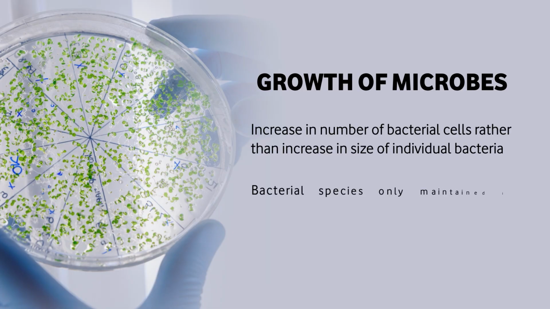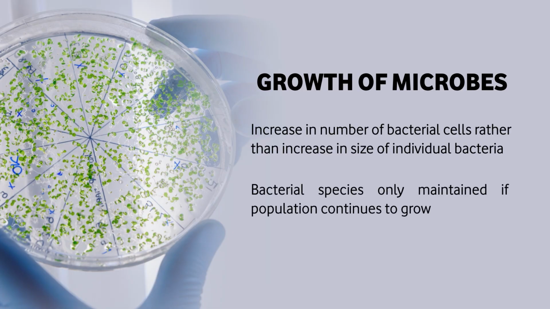For us, growth is the increase in size as well as the increase in weight. But in the case of microorganisms, growth is the increase in the number of microbial cells, not the increase in the size of individual bacteria. Bacterial species are only maintained if the population continues to grow. If you want to maintain the bacterial species, they need to grow continuously and increase their population.